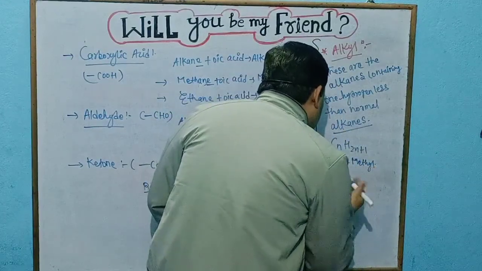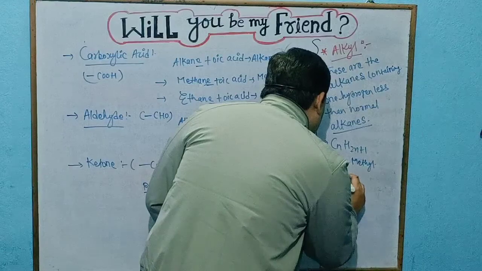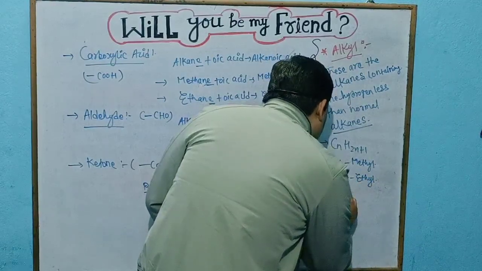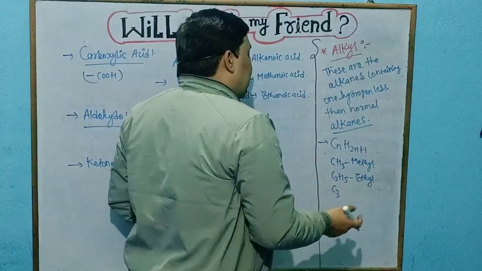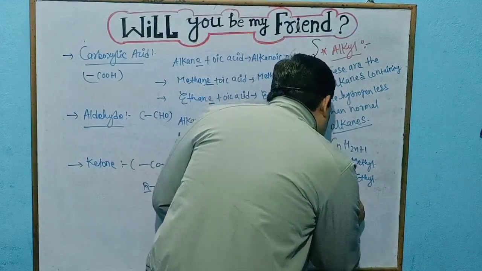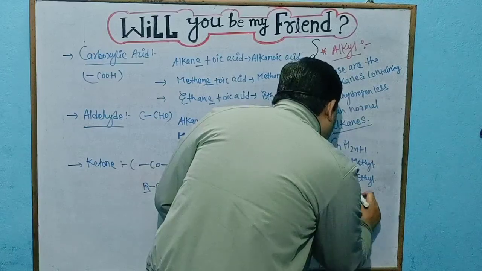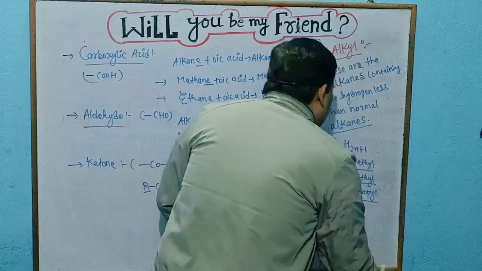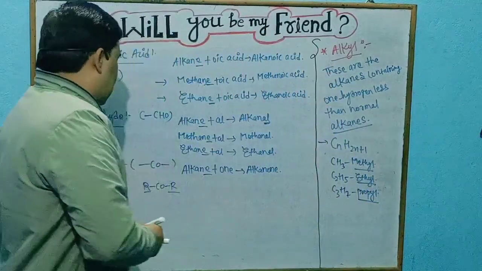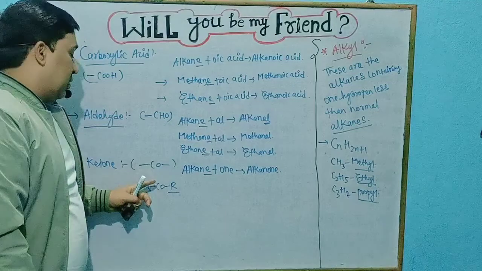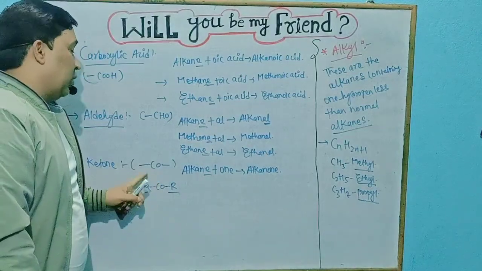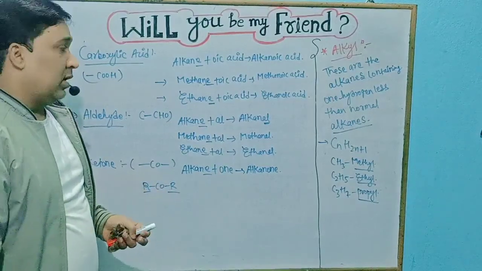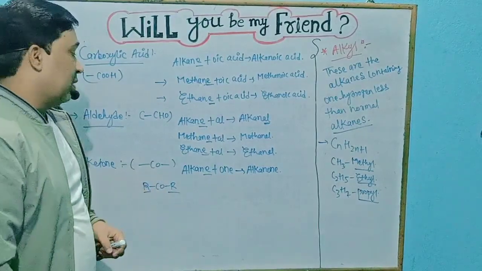Similarly, if we remove one hydrogen from ethane, it becomes C2H5, that is ethyl. And similarly, for C3, the normal alkane is C3H8, so C3H7 is called propyl. While naming ketone, we must understand that ketones start from 3 carbon atoms, right? It must contain at least 3 carbon atoms.